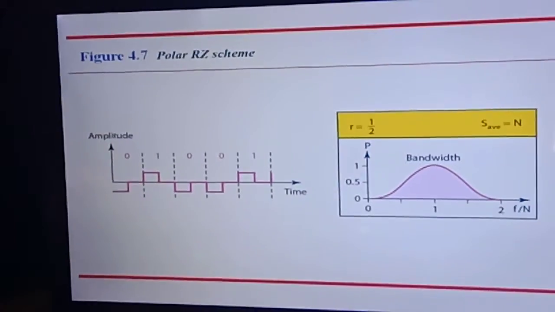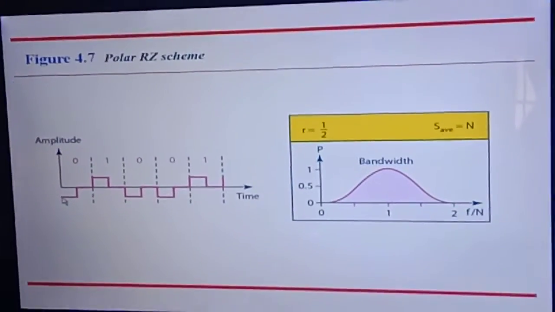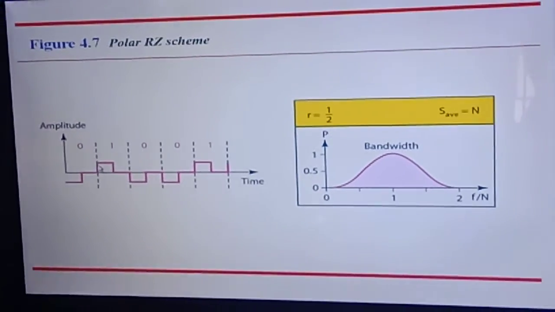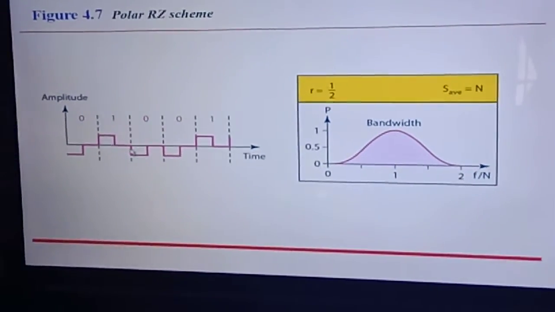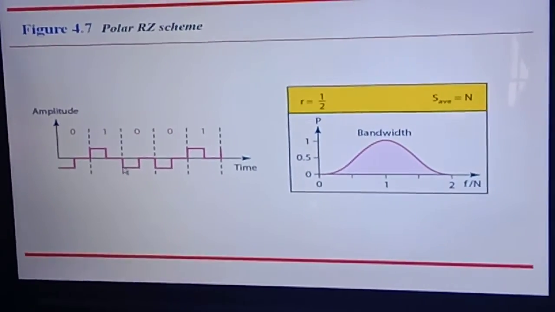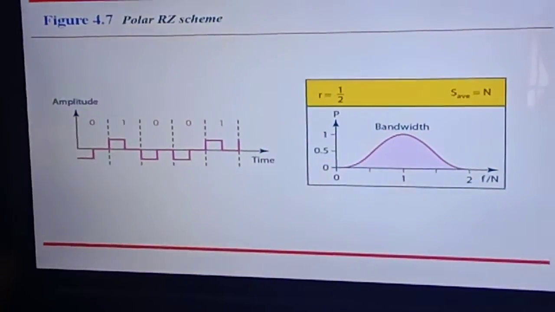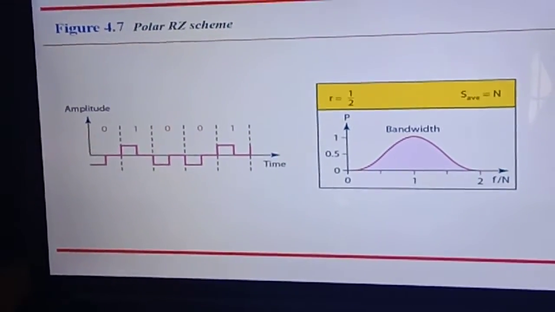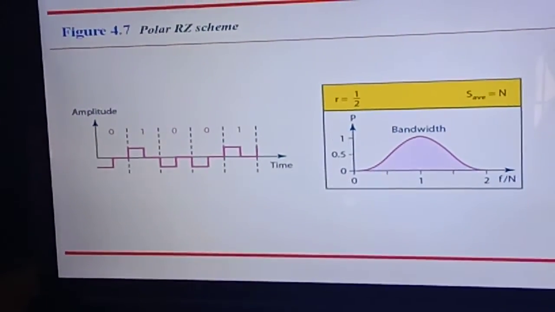Now, representing a signal in the polar return to zero scheme. A 0 bit is from negative to neutral and then neutral to positive. And a 1 bit is from positive to neutral and neutral to negative. So whenever a data bit exists in the sample, we fix the sample representation for 0 and 1: 0 is negative to neutral, neutral to positive, and 1 is positive to neutral, neutral to negative.